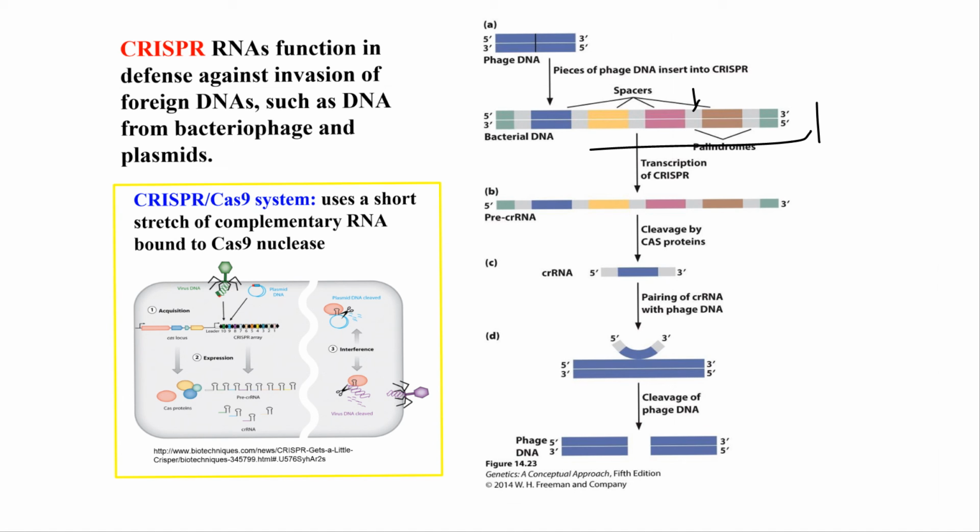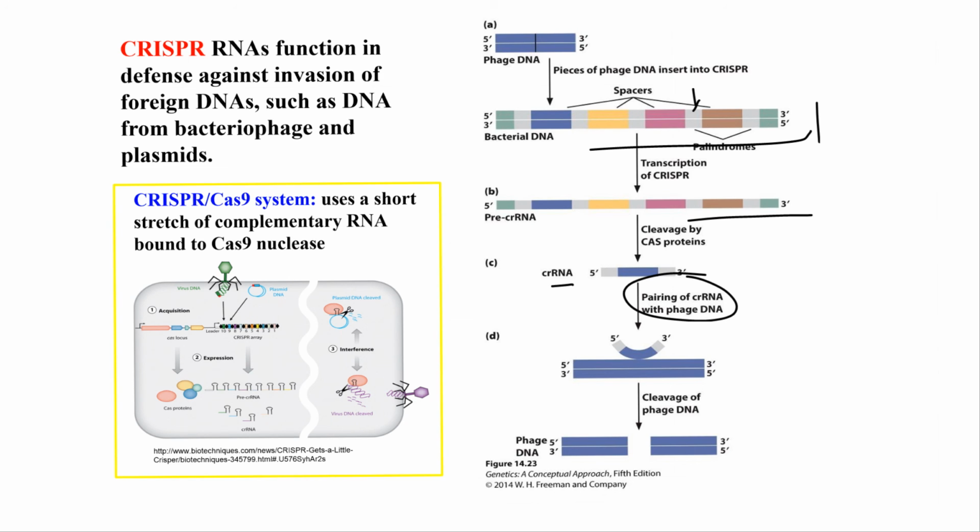So whenever that bacteriophage infects the bacteria again, this CRISPR target sequence is transcribed, cleaved, and it complexes with so-called Cas9, which is a DNase, an enzyme. Upon pairing of this CRISPR RNA, which was previously incorporated into the genome and transcribed, with the target phage DNA, Cas9 would digest and cleave that DNA. Now, this is a very smart system in bacteria, which we consider an immune response against invading pathogens.